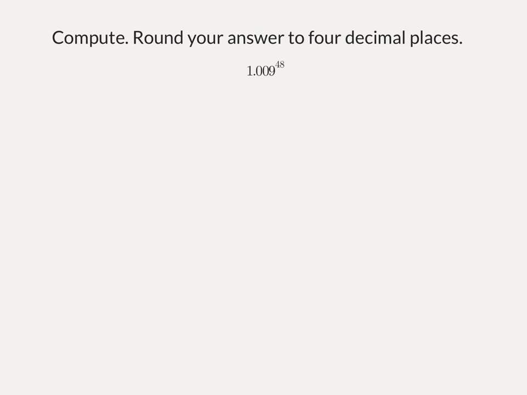Most calculators require you to type in the base, which is this number, 1.009, then the exponent key, and the exponent key on some calculators looks like an upward facing arrow, or sometimes they have x to the y with a little y in the upper right corner, or y to the x with an x in the upper right corner.